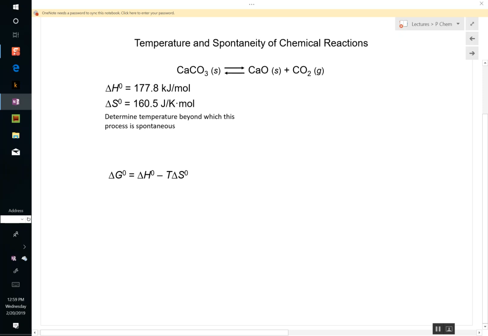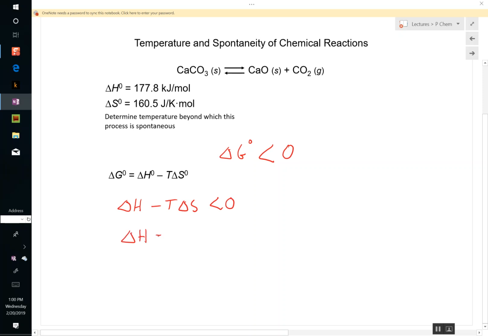Delta G naught has to be less than or equal to 0. So we would have delta H minus T delta S is less than 0.